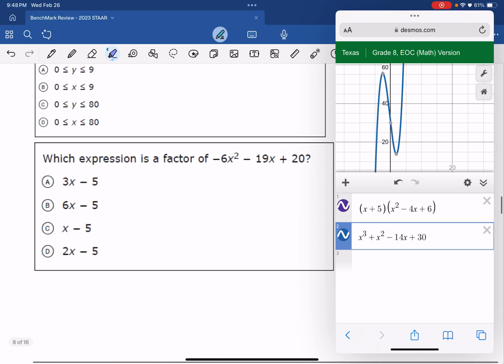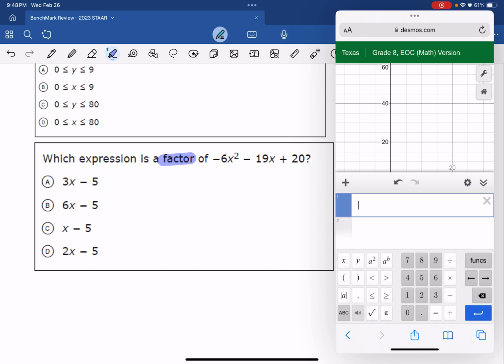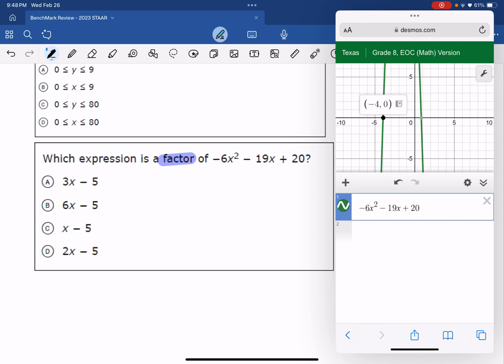Again, a factor one, right? So I'm going to sit here and either put it into my menu 3-3-1 or I can graph it in Desmos, plus 20, and I'm going to figure out where they cross.